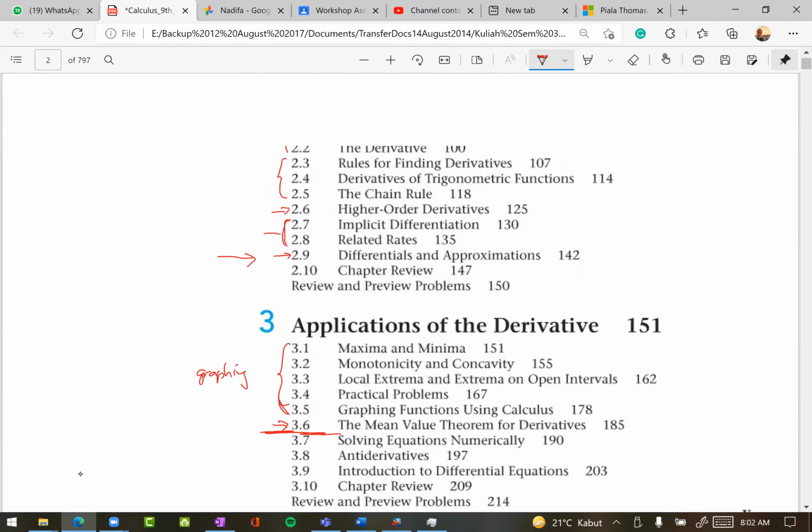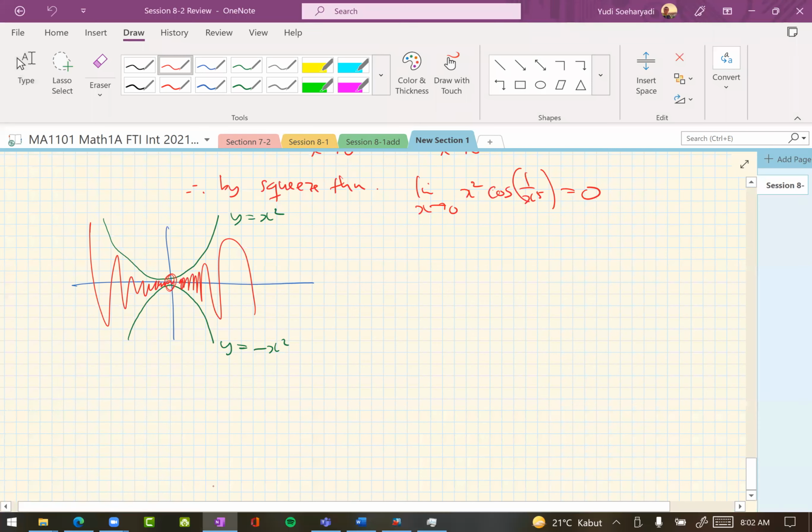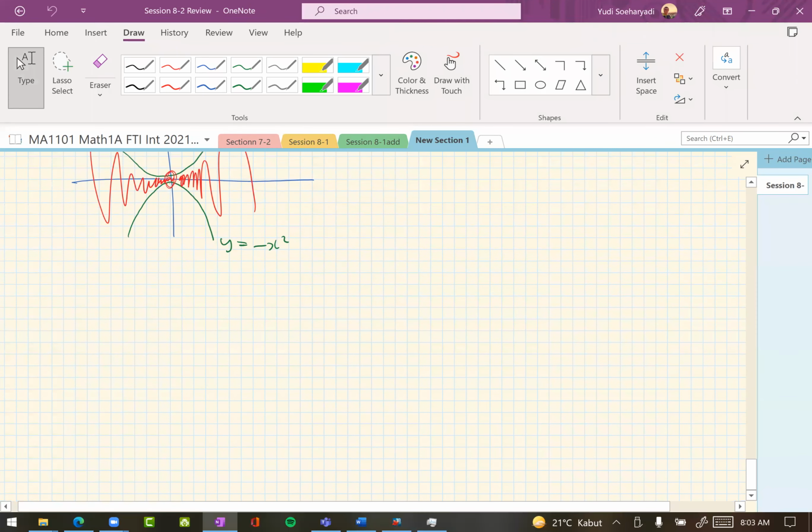Oh, don't have to move this out. Let's go to the OneNote. This is based on the subsection of limits as estimation of error.